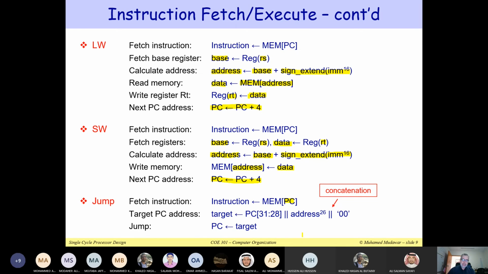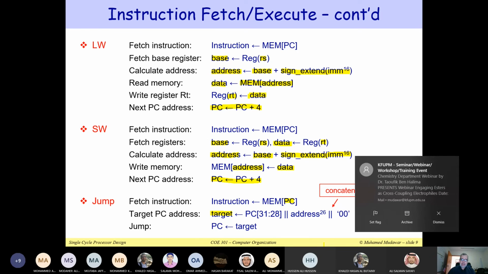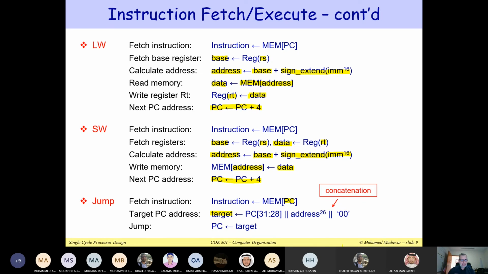Once we have fetched the instruction, we need to calculate the target address. According to the MIPS architecture, the addressing mode for a jump is not PC relative. It's like direct addressing. So you take the 26-bit address directly from the jump instruction, and you concatenate it with 00.